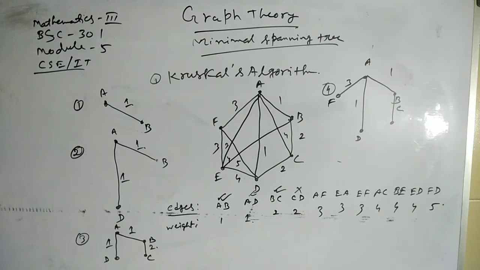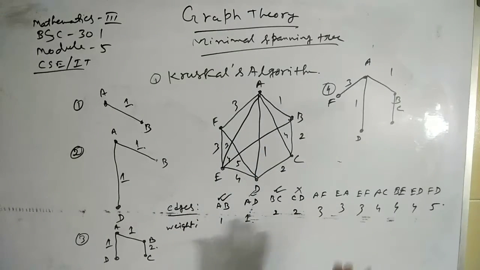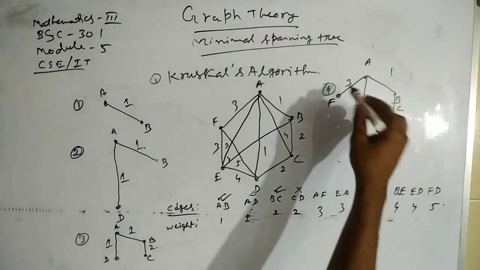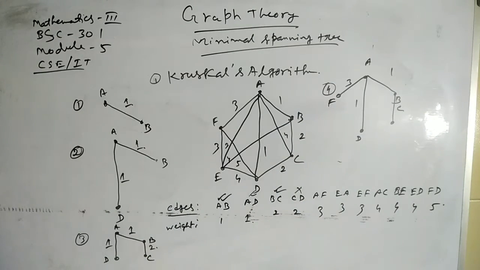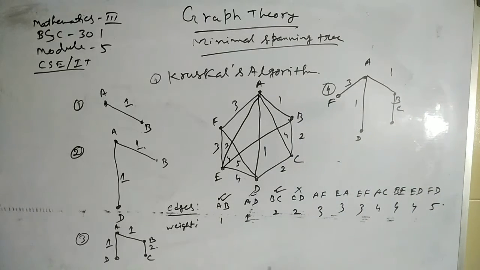Okay, and be careful, count the number of edges after drawing. Here there are 6 vertices, so there will be 5 edges in the spanning tree. We have drawn 4 edges, 1 2 3 4. In our required spanning tree there will be 5 edges, so one edge is remaining.